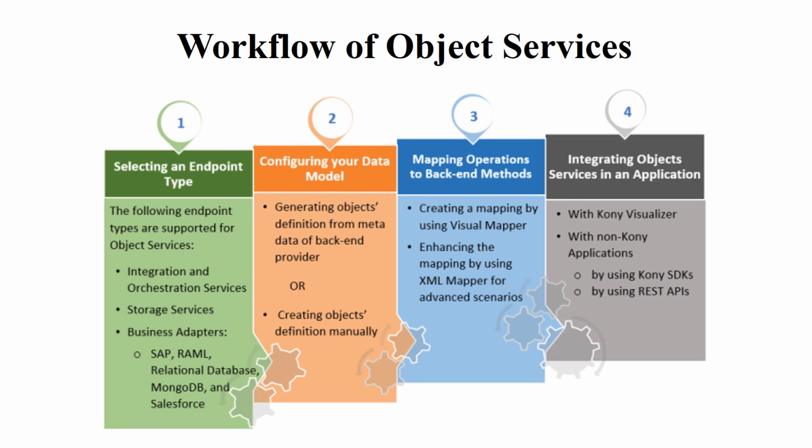Once the endpoint is defined, you can configure the data model. After that, mapping operations to backend methods needs to be done. And once all three steps are done, the fourth one is integrating object services in an application. So that's the last part that needs to be done by the developer.